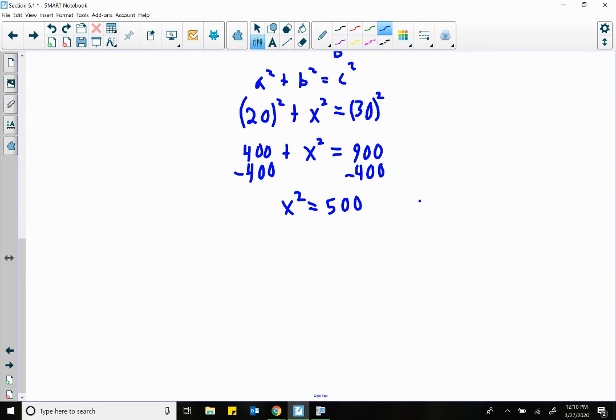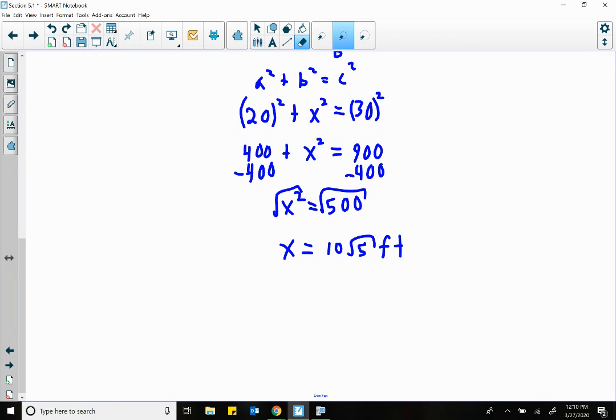And our last step says square root both sides. If we were exact on this, it would be 10 square roots of 5 feet. But if I was with my friend out there trying to put up a ladder and I said, hey, move this back 10 square roots of 5 feet, he'd come and kick me and be like, what did you just say to me?